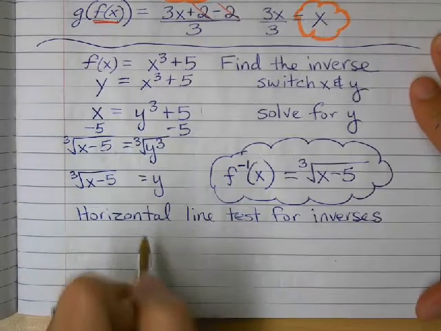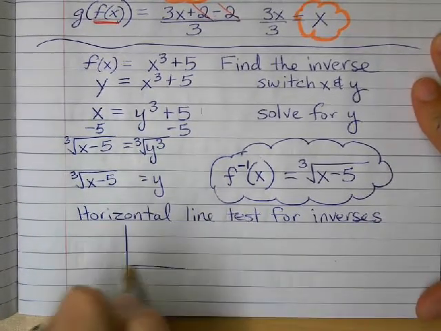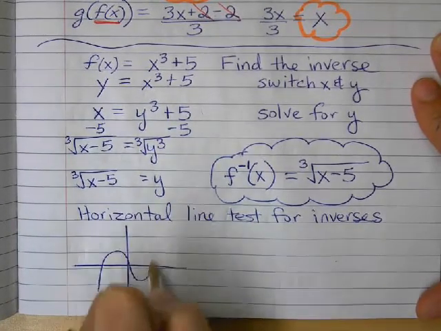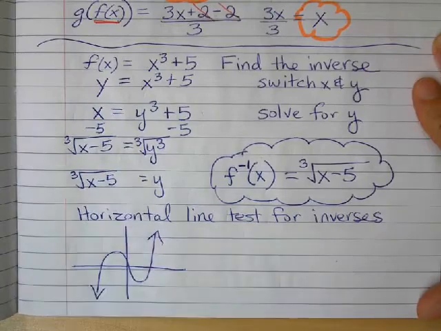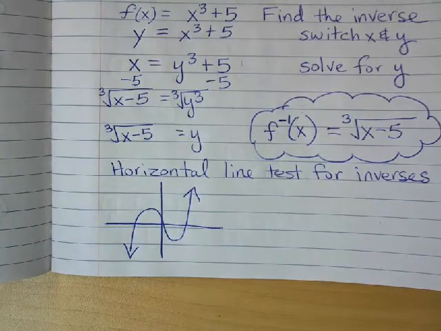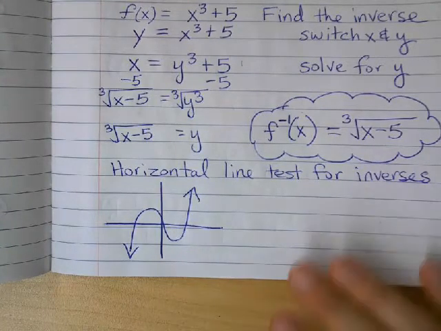So, if I have a graph that looks like this, does it pass the horizontal line test?